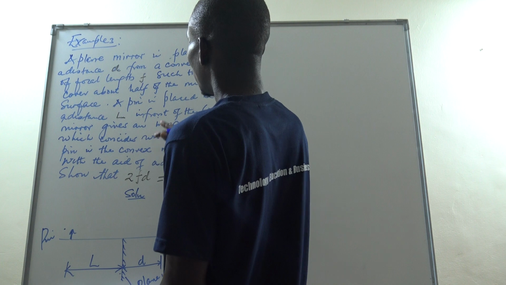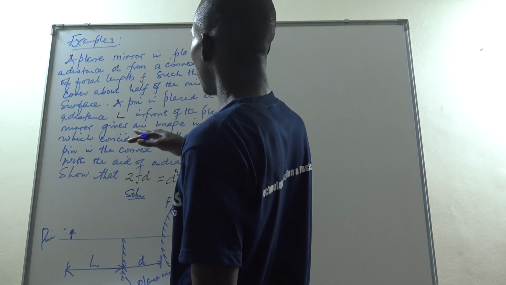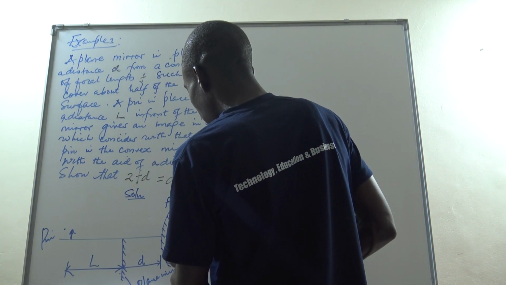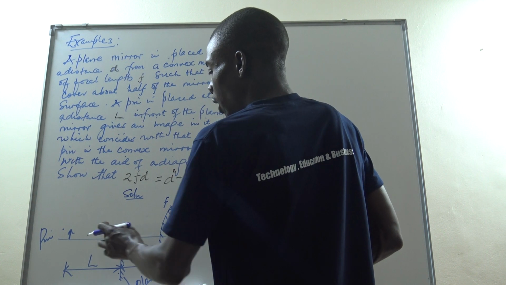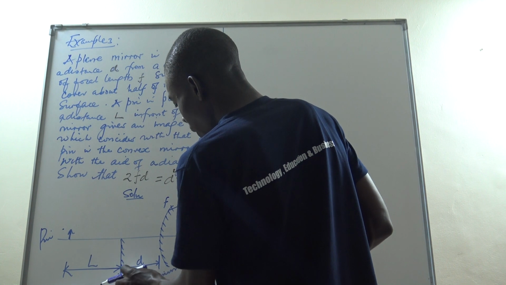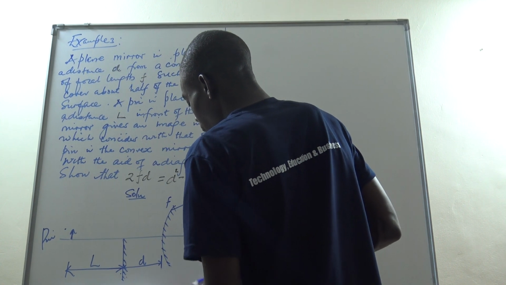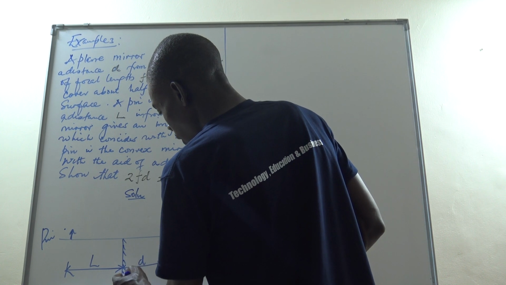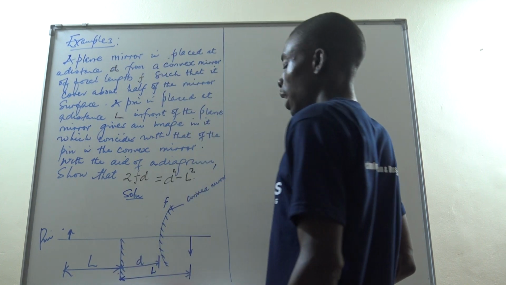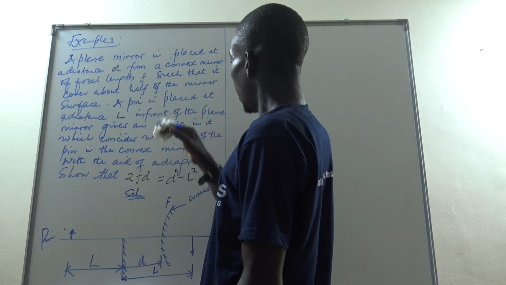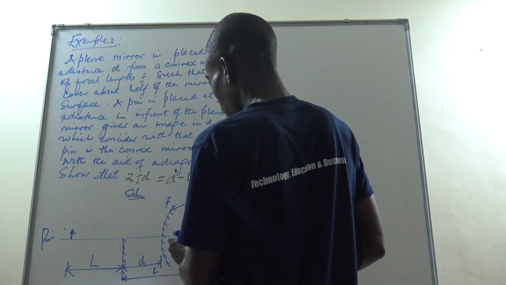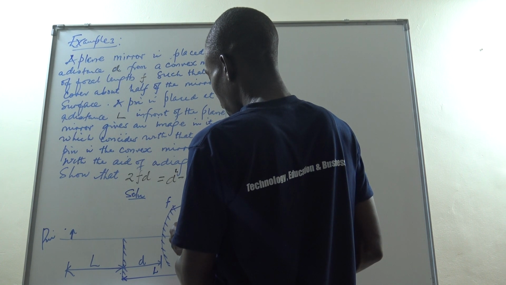From the plane mirror up to where the pin is, the distance, they are calling it L. And now they are saying that in front of the plane mirror, it gives an image which coincides. The image of this pin will come to the other side here. If the pin is here, it will form the image here, at a distance, for a plane mirror, if this is L, this would also be L. All these images are virtual images.